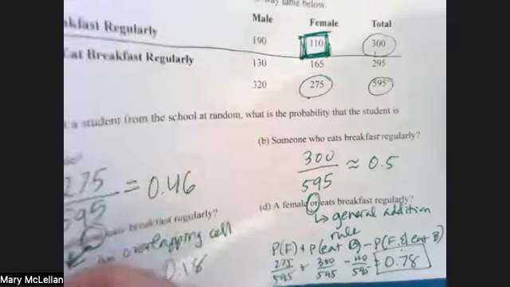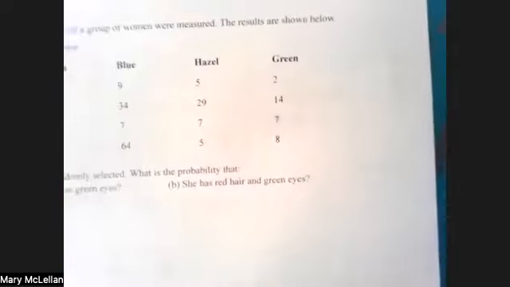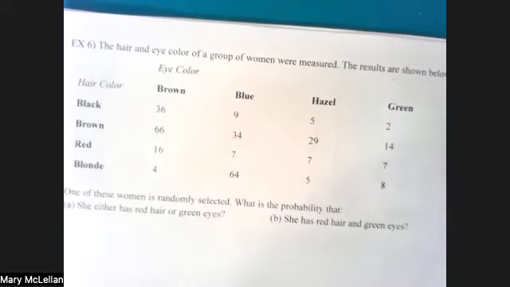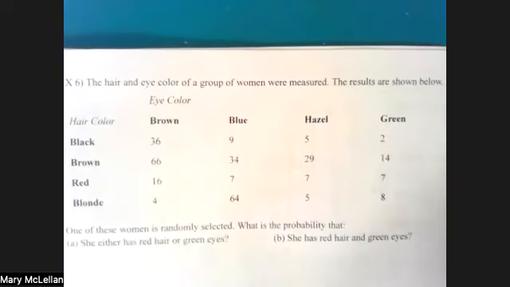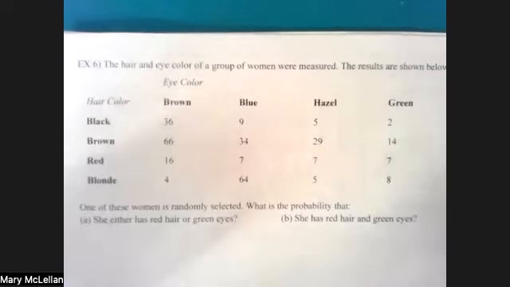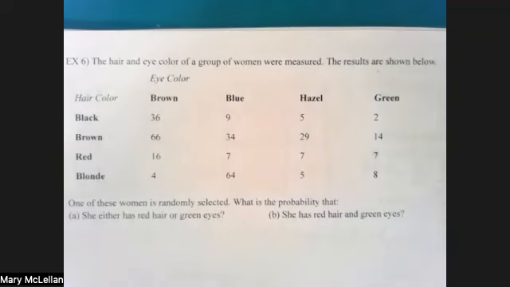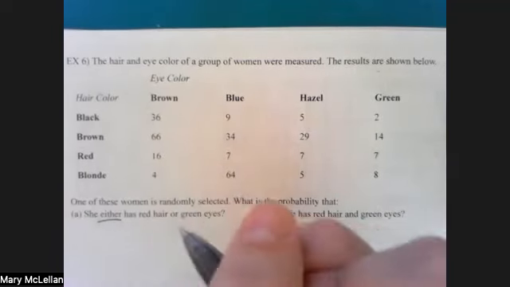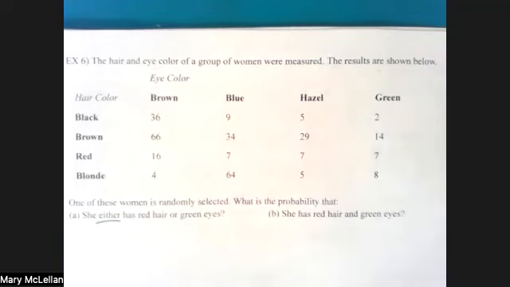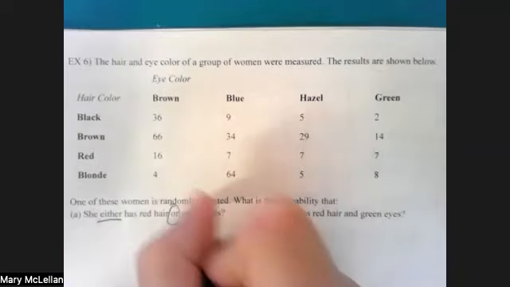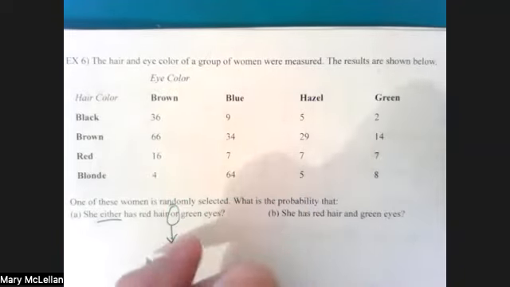Last page. Final example, just a little bit more practice using a two-way table. Okay, the hair and eye color of a group of women were measured, and the results are shown below. One of these women is randomly selected. What is the probability that A, she either has red hair or green eyes? So this is an or question, meaning I will use my general addition rule.